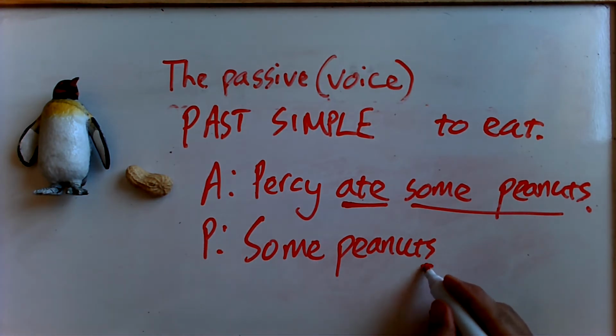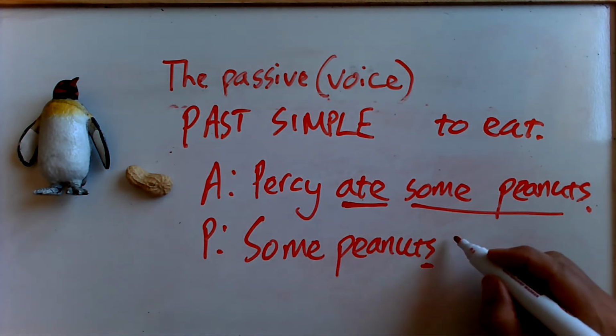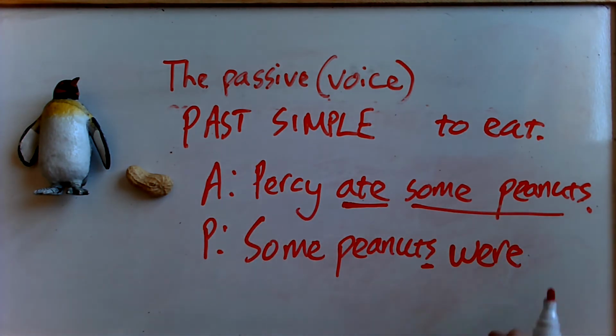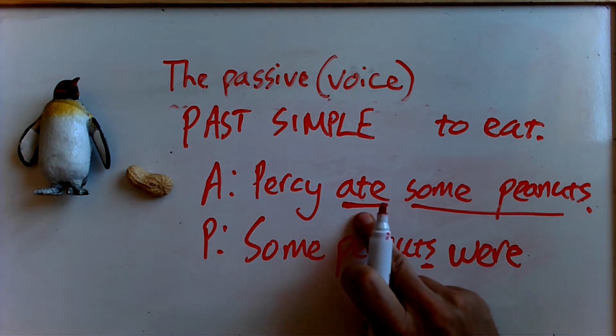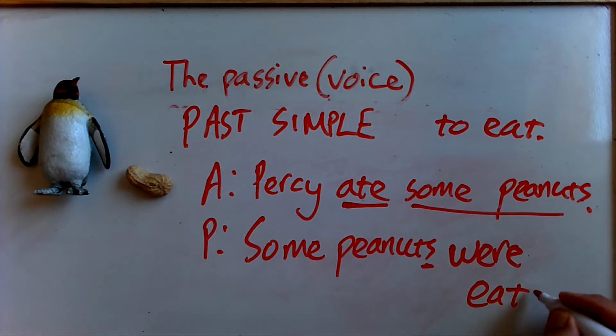The subject, as we see, is plural, again third person. Some peanuts. We need a form of the verb to be. It's in past simple. The form of to be must be "were" because it's plural and it's past simple. Ate becomes the past participle, eaten. Some peanuts were eaten.